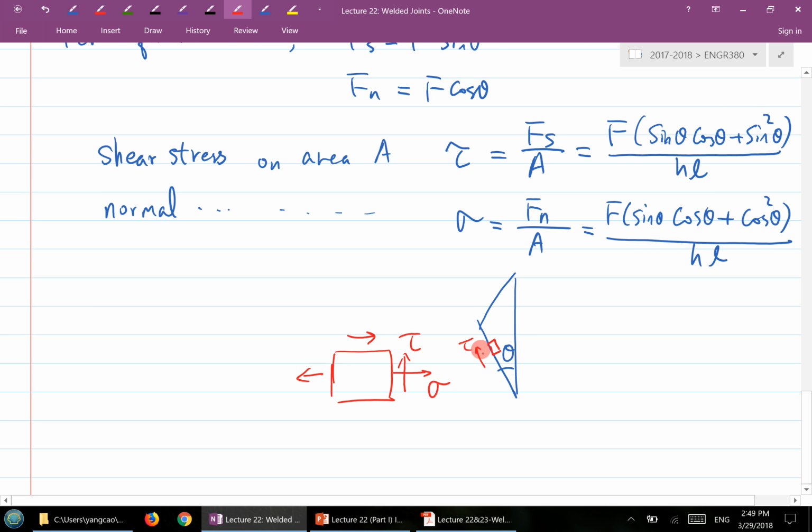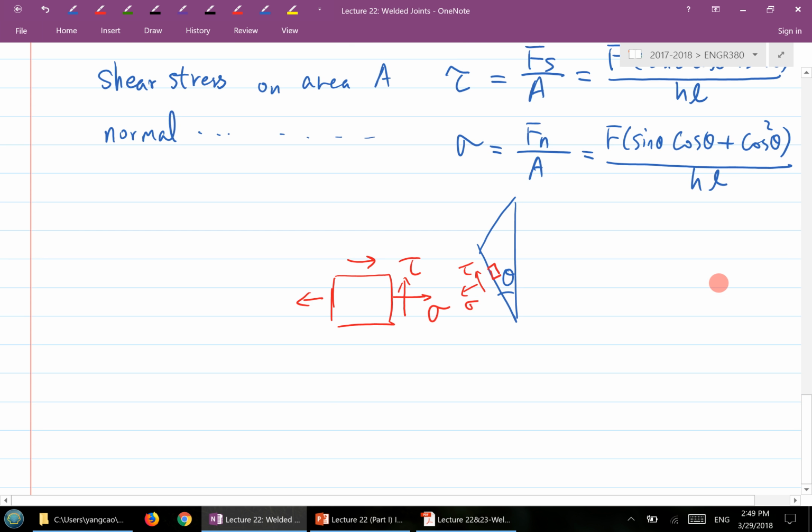That's your tau, that's your sigma. And if I use the von Mises theory, I can calculate the von Mises stress. That's the formula for the von Mises stress. Plugging the tau and sigma into this formula, we'll be able to get a sigma prime.